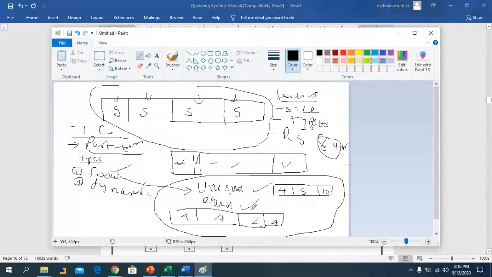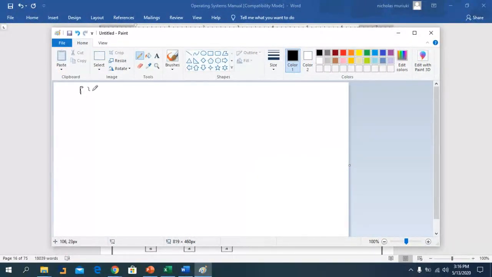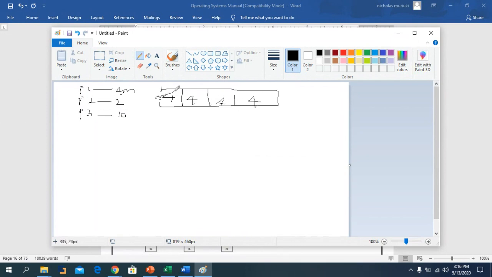If you look at this equal, sometimes you can have a process 1, which has 4 memory, then process 2, which has 2 memory, then process 3, which has 10 memory. And because we are using equal memory, here we are using 4 memory, here another 4, and another 4, etc. Remember, this first one we have already allocated for the operating system.